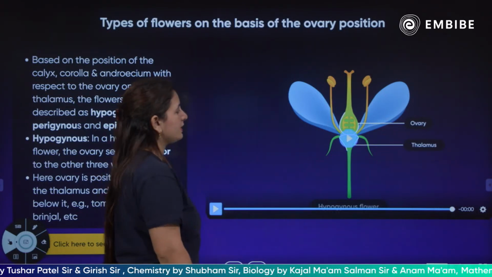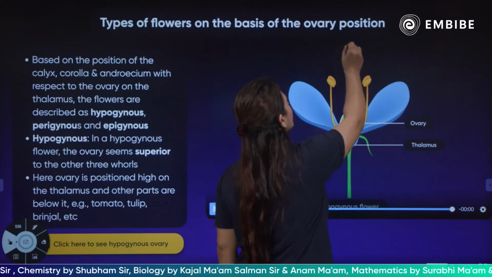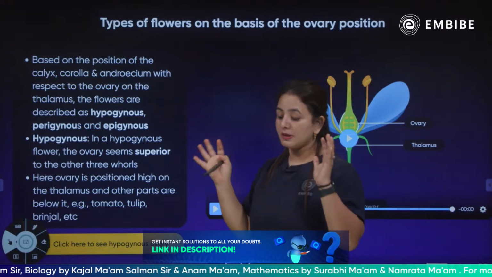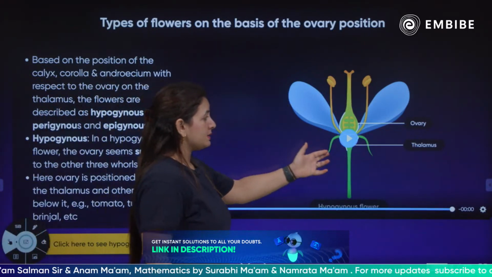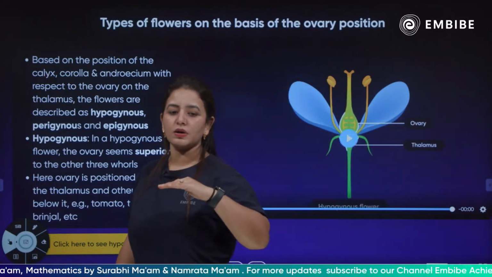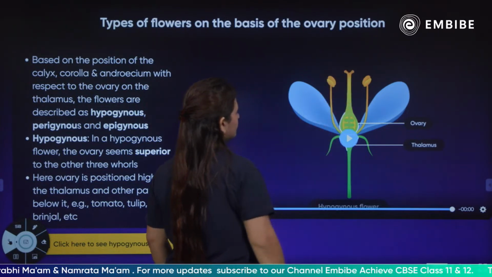The ovary is at a higher level, we can even put it higher, not a problem. But all the other parts, the thalamus, the androecium, the petals, the sepals, are at the lower level. The ovary is slightly higher than all of them.